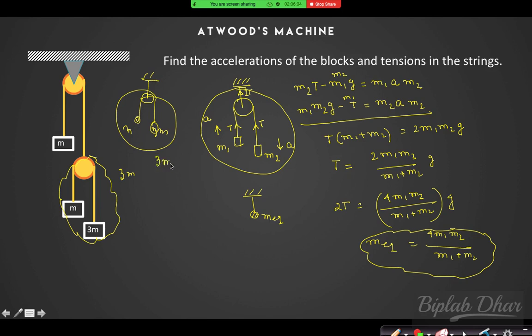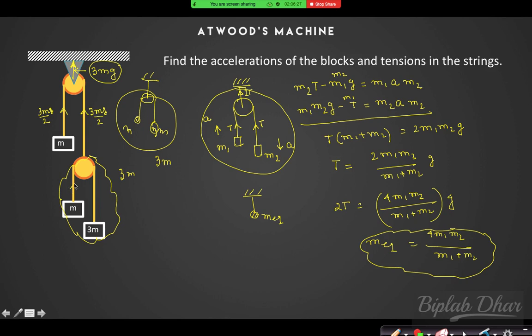Can you tell me what is the tension on this part of the pulley at the topmost point? 3mg. Now if we know this tension is 3mg, what will be these two tensions? 3mg by 2.